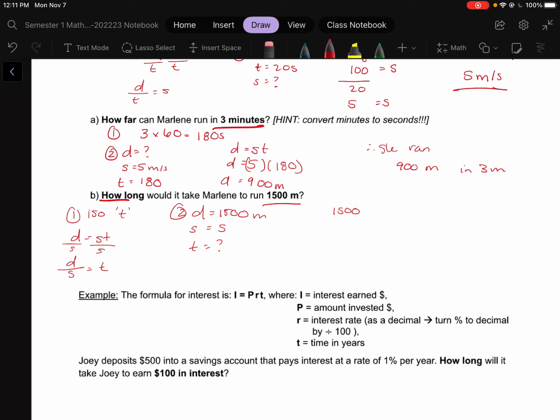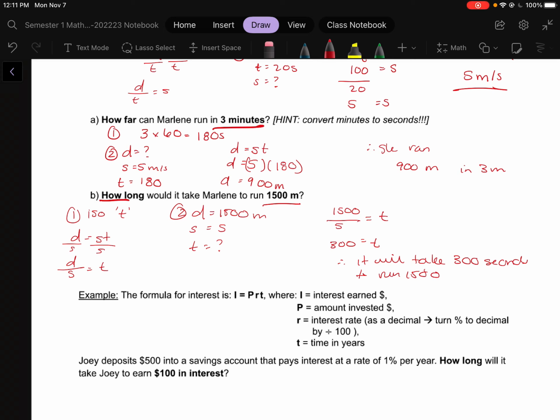So let's plug it in. 1,500 over 5 equals T. So divide that out, it's 300. Therefore, it will take 300 seconds to run 1,500 meters.